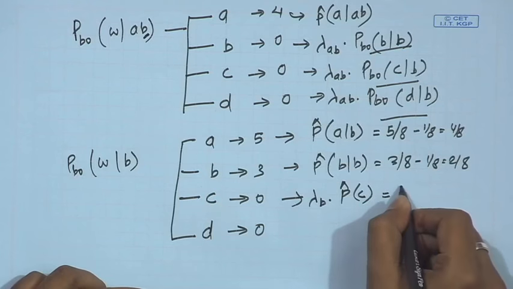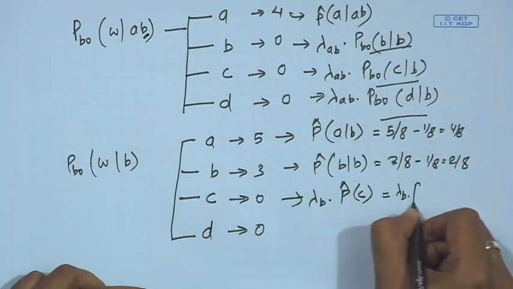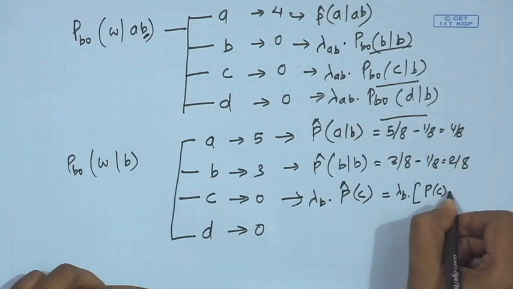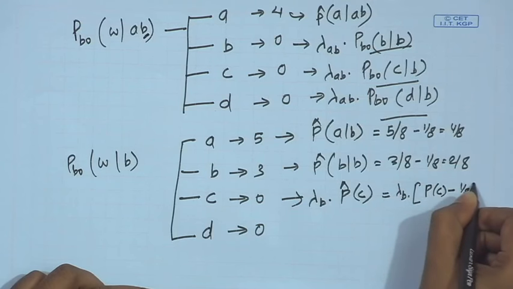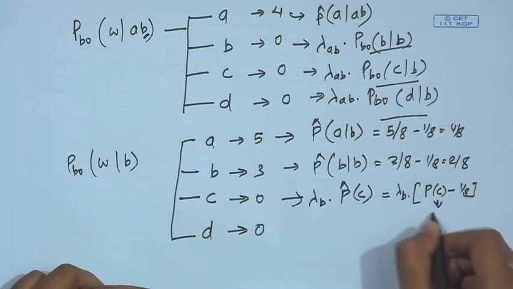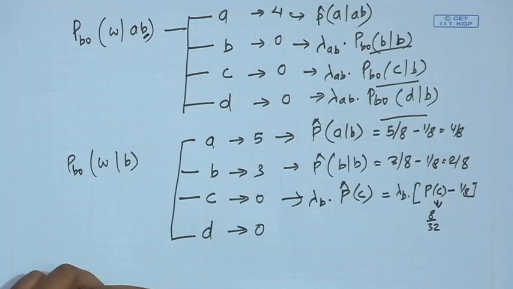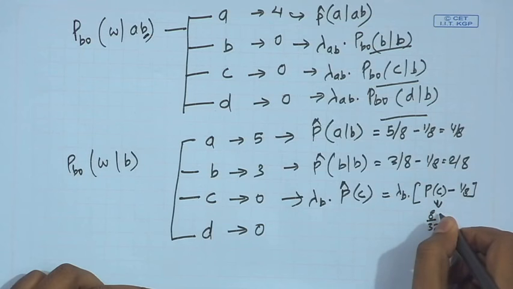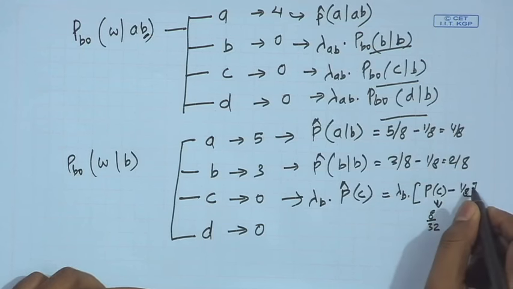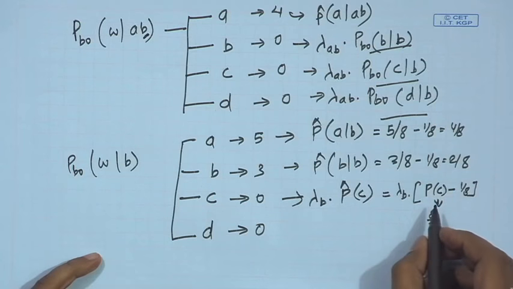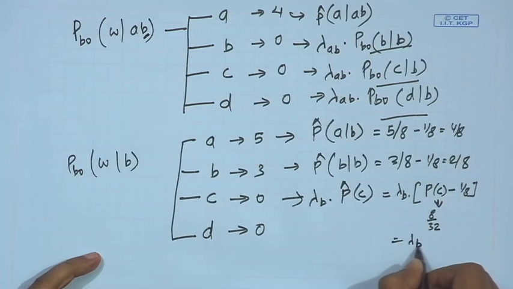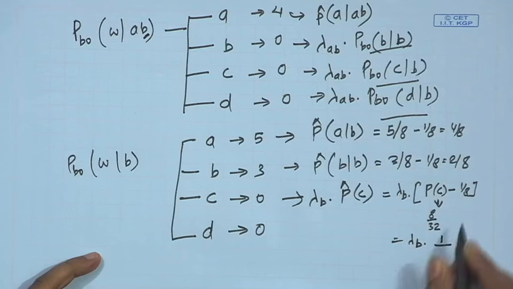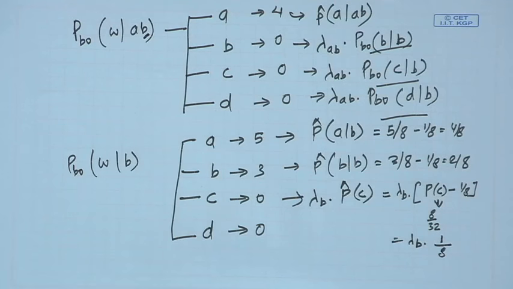So it's lambda B times P C minus 1 by 8. P C is 8 by 32, that is 1 by 4, minus 1 by 8. So that will be lambda B times 1 by 8.